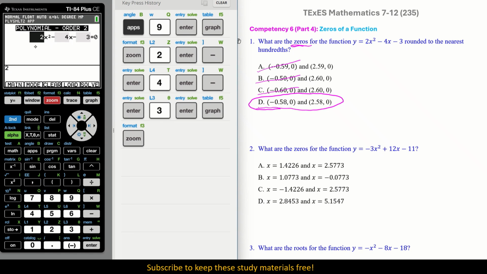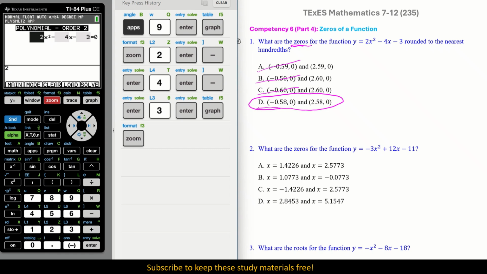What we have is we can type over the values. Coefficient is misleading because the 2 is a coefficient, 4 is a coefficient, and 3 is a constant, but let's just go with coefficient. I think that was the best they could do to tell us what button to push on the calculator.